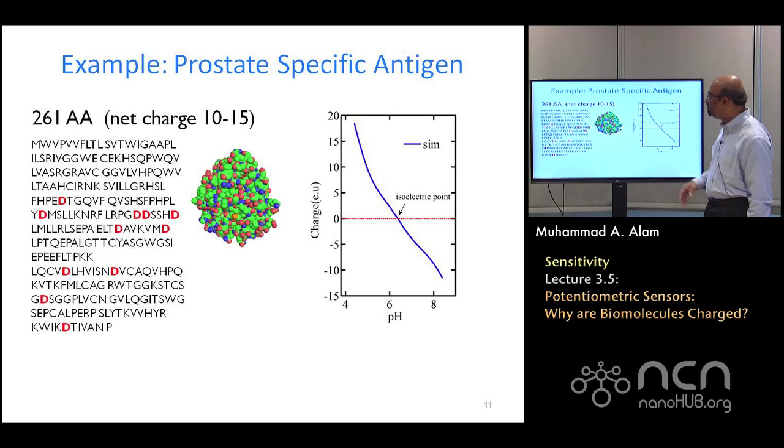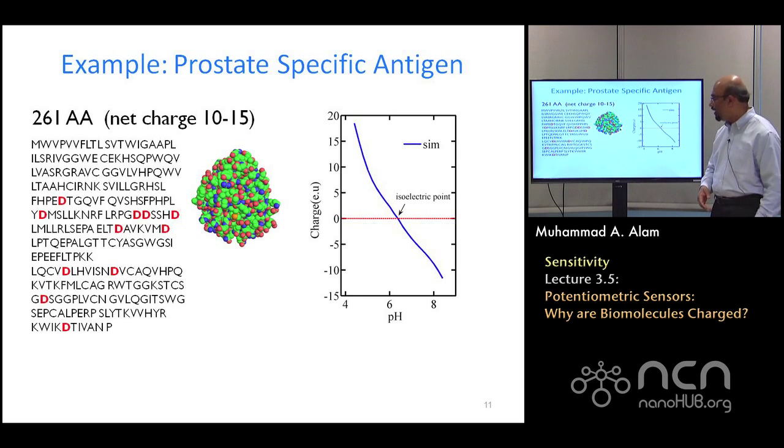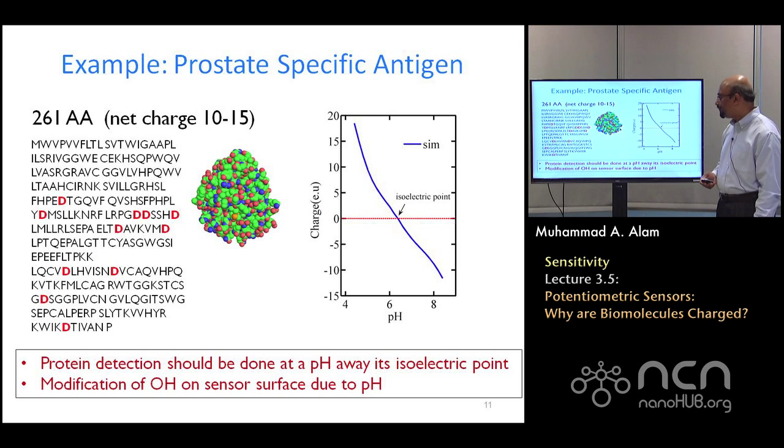On average, each molecule is bringing in 10 to 15 unit charges. There is a point when the positive and negative charges balance each other. So although the molecule is still there, it is as if it disappears from the potentiometric sensor's perspective, disappears from the radar of the potentiometric sensor in some sense. And if you increase the pH, the charges will become negative. And that is represented by this curve.